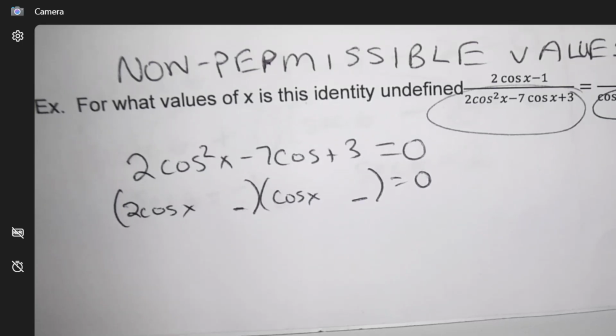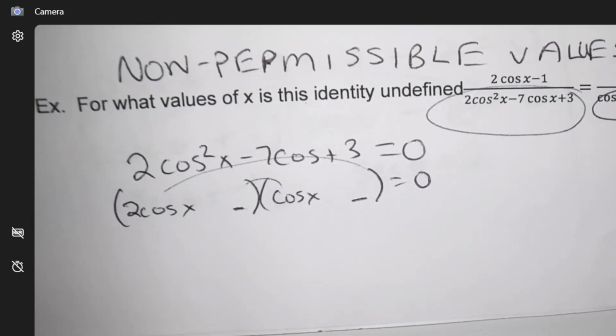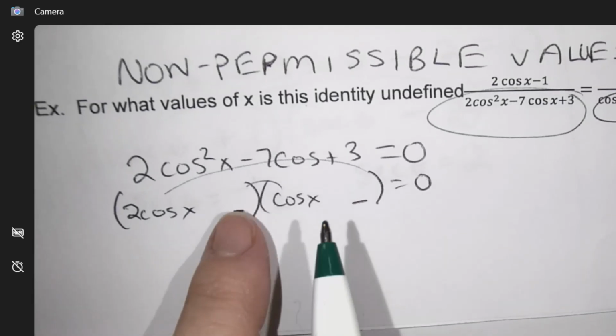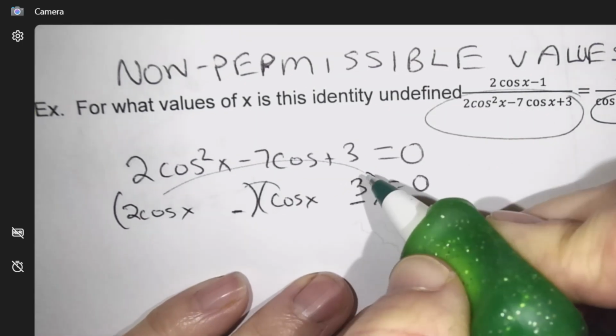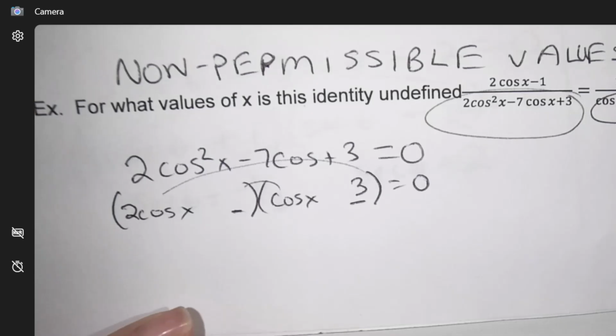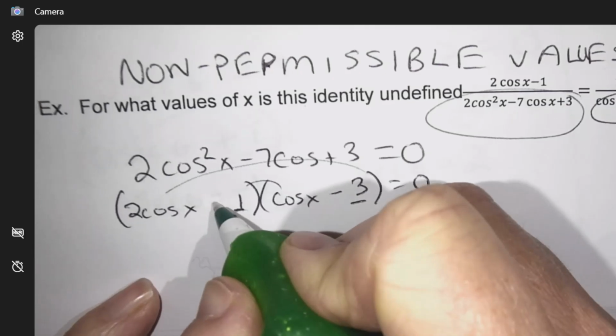Set your hooks up to make 7. That's got to make a 7. So where do you want a 1 or a 3? Think about your multiplier. I'm going to put the 3 to hook up with the 2 to make 6 and 1 to make 7. Found that? Minus, minus.